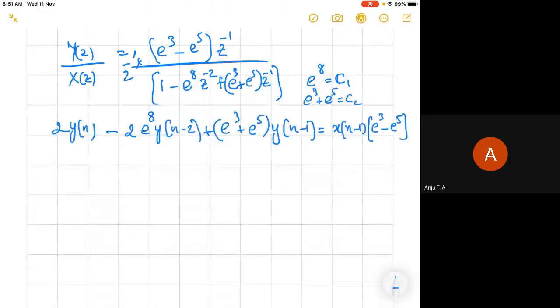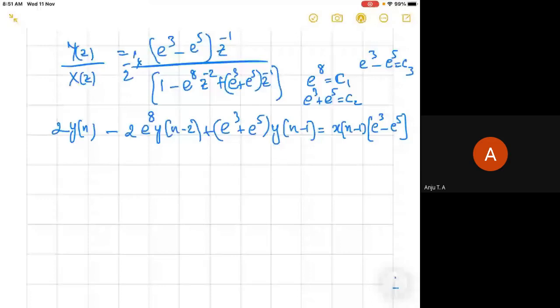In case it can be written as 2yn. E is basically 2.8. These exponentials are some constants. So 2yn minus 2 e raised to 8, you can put c1, so c1 yn minus 2 plus c2 yn minus 1 equal to c3 xn minus 1.